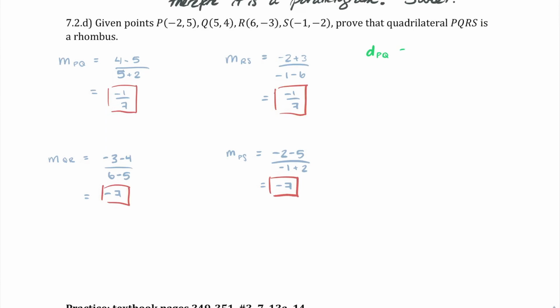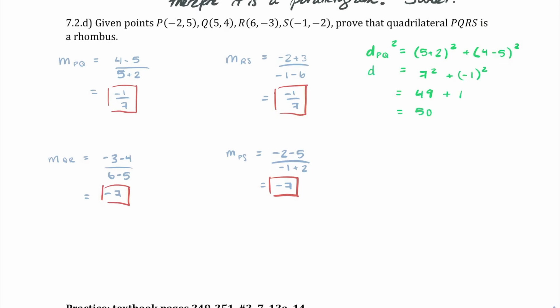So we are going to go ahead and find the distance of PQ. And you actually know how to find this distance from the last unit, right? Our distance was like the hypotenuse of a right angle triangle, which is our change in our x's squared plus our change in our y's squared. We find 7 squared and negative 1 squared, which gives us 49 plus 1, which gives us 50.